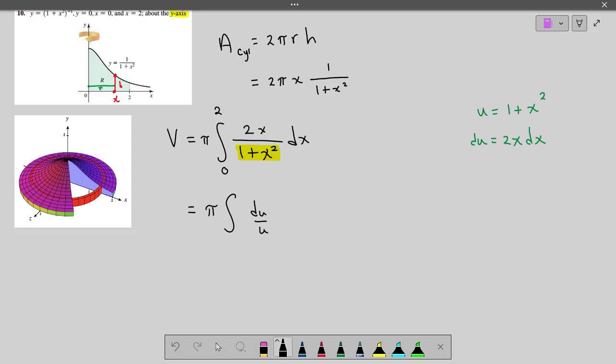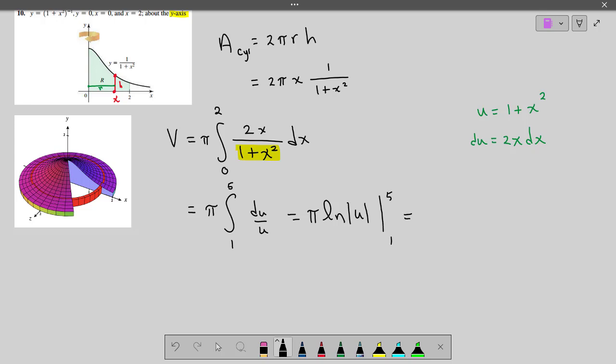What would the u limit down below be? 1. What would the u limit up top be? Perfect. And we know that this integrates to the natural log of the absolute value of your dummy variable. This will go from 1 to 5.